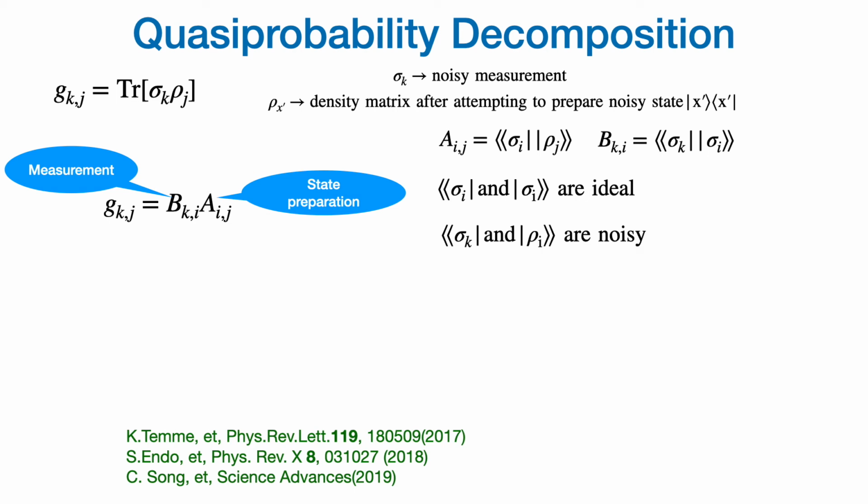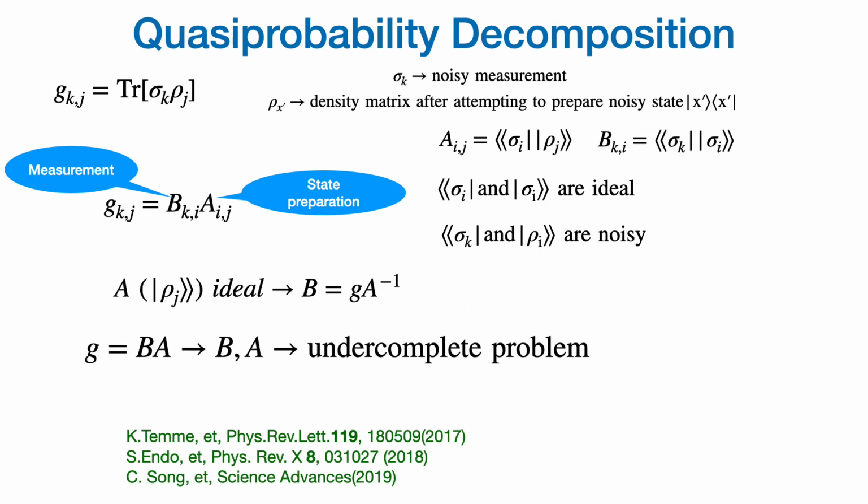In many studies, there is a perfect state preparation assumption, and we can solve the problem easily. But without this assumption, if we want to get A and B simultaneously, this is an underdetermined problem. It is complicated.